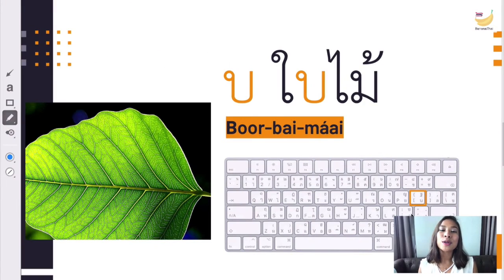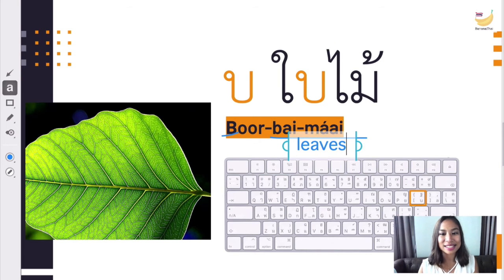Now come to the more commonly used one, บอ ใบไม้, with a b sound. The word ใบไม้ means leaves.